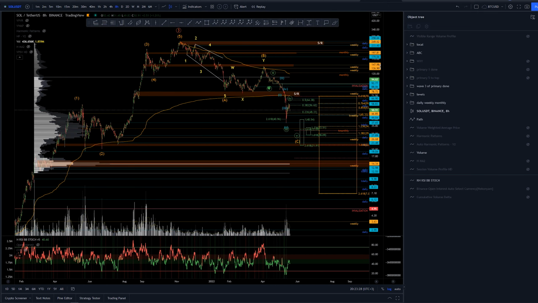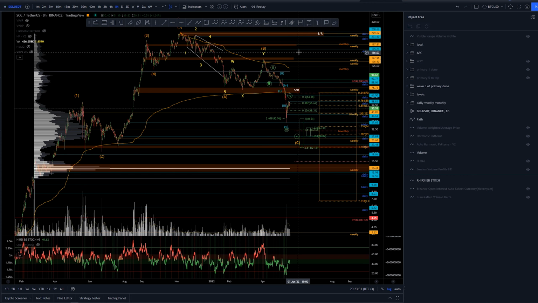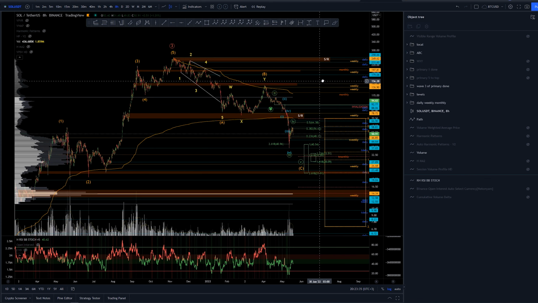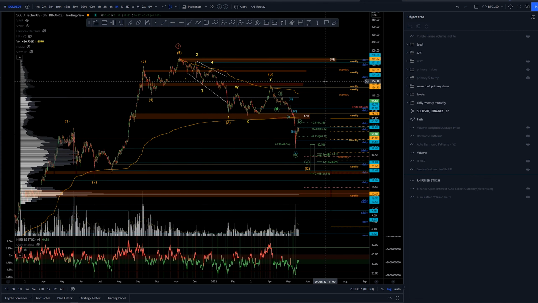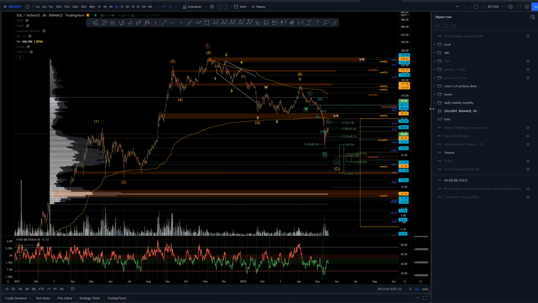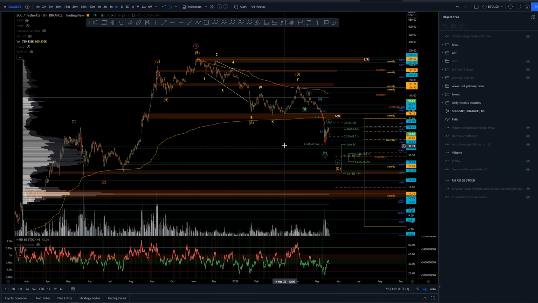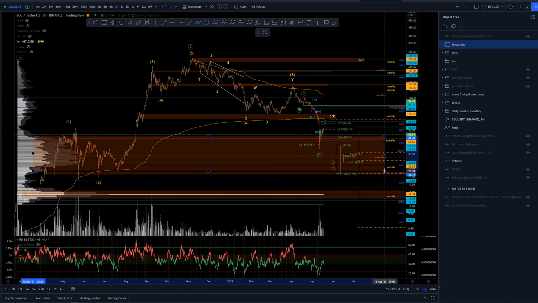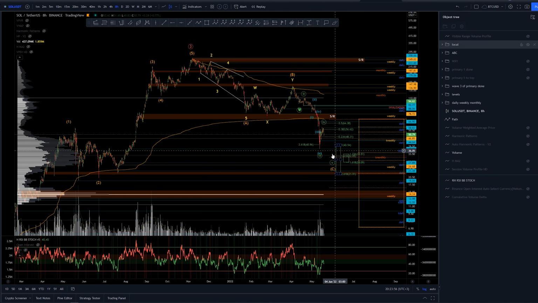I know the numbers on screen are small. Unfortunately there is nothing I can do about that. There's no option on TradingView to make these numbers bigger. It's just the resolution I am working with is quite big, so the numbers appear small on smaller resolution screens. In any case, we can see loads of volume in this area right where our targets are, so that is a good thing.